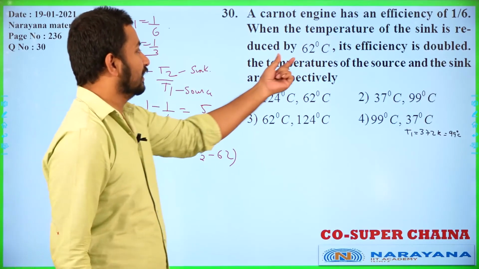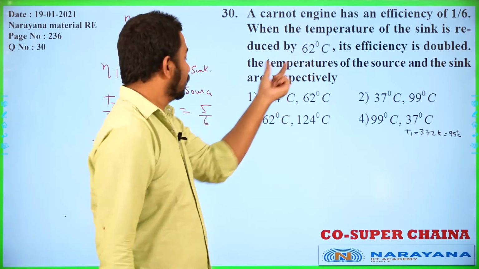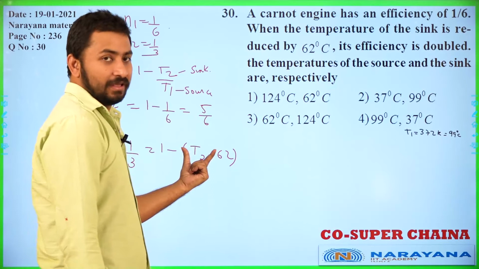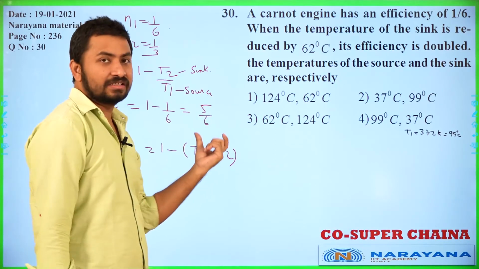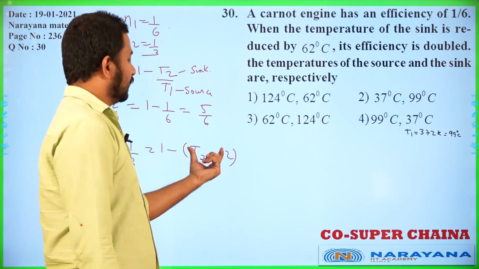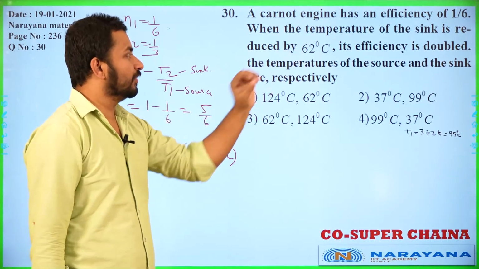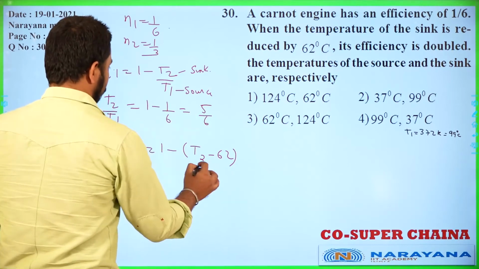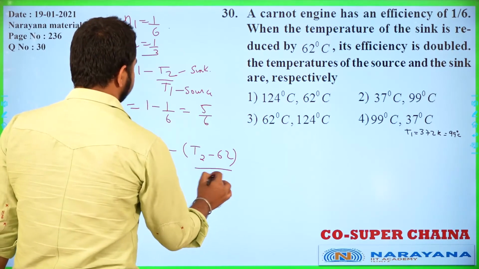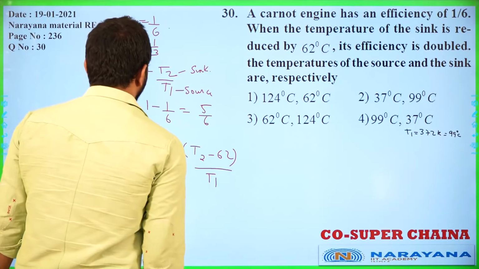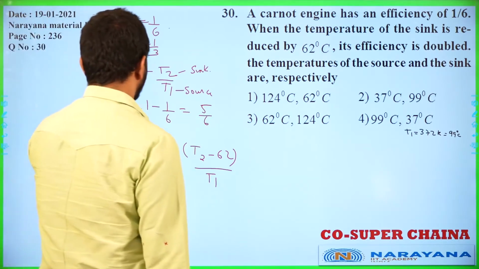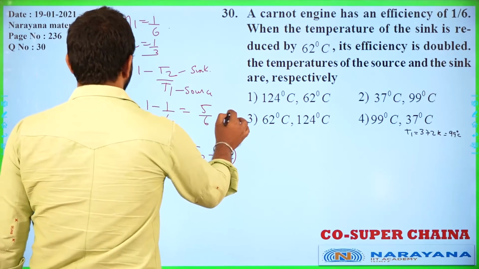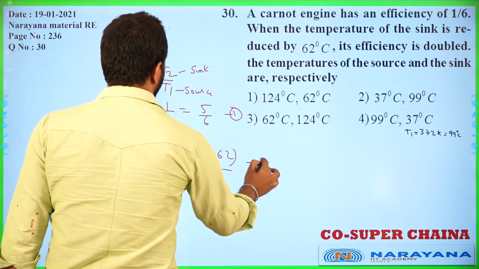Now this is in degree Celsius. We know that the values we take here are in Kelvin, but the difference will always be the same whether you take it in degree Celsius or Kelvin, so we need not convert it into Kelvin and substitute. The difference will be the same, divided by T1. We name this equation 1 and this equation 2.